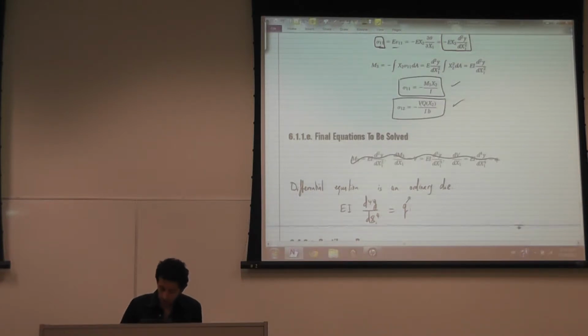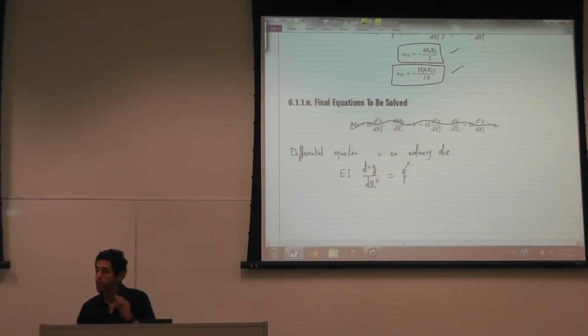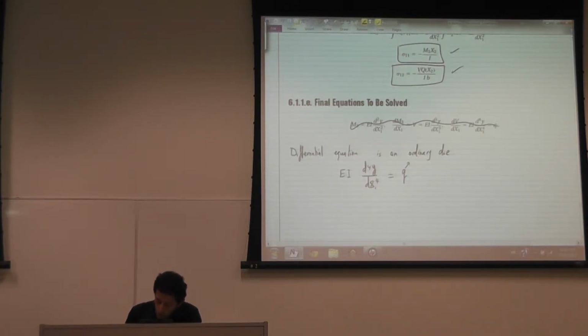This is an ordinary differential equation of the fourth order, so I need four boundary conditions to solve it.